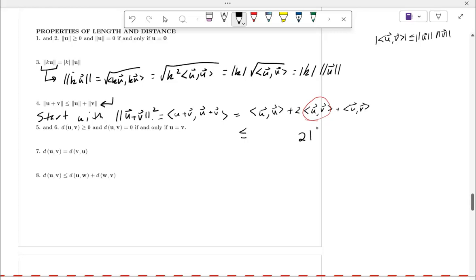And I would have 2 times the absolute value of the inner product. Now, looking at the 2 that are sandwiching that in, how can I rewrite the inner product of u with itself? Magnitude squared. Yeah, that's the magnitude squared, right? And then the same thing on this side.